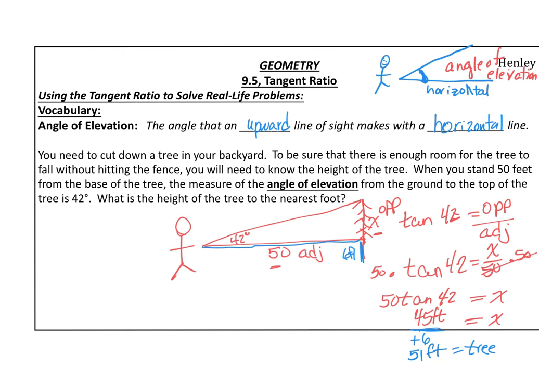So if the tree is 51 feet and the fence is 50 feet from the base of the tree, you do not have enough room to cut down the tree. However, if when you stand 50 feet from the base of the tree, you are not at the fence, then there will be enough room. But the height of the tree is 51 feet.